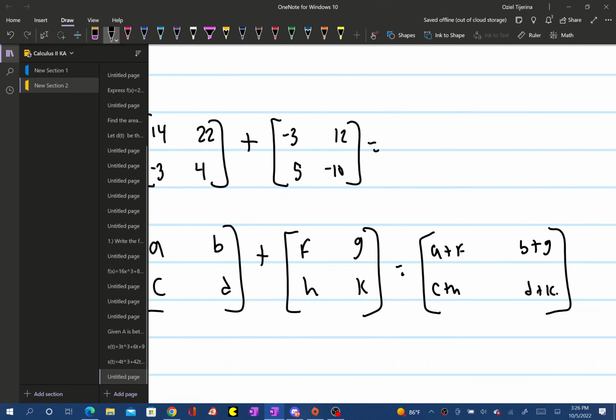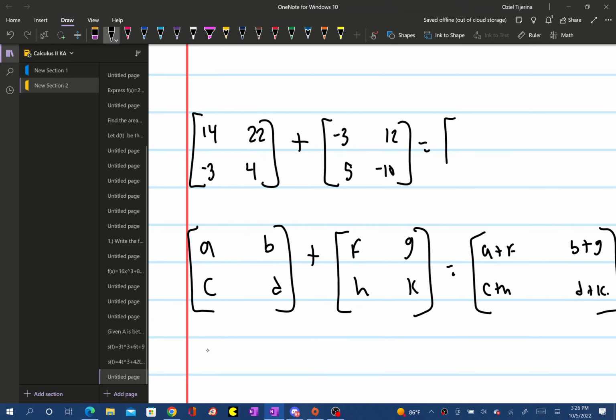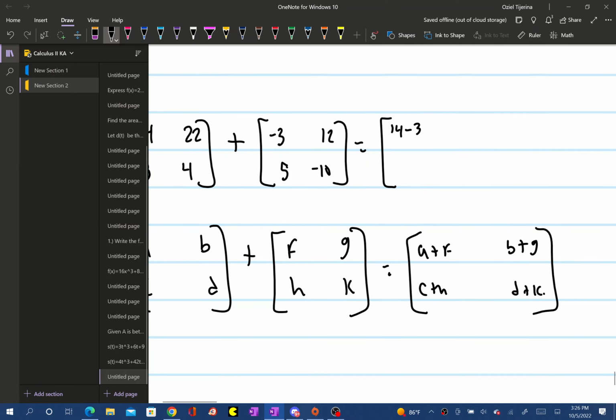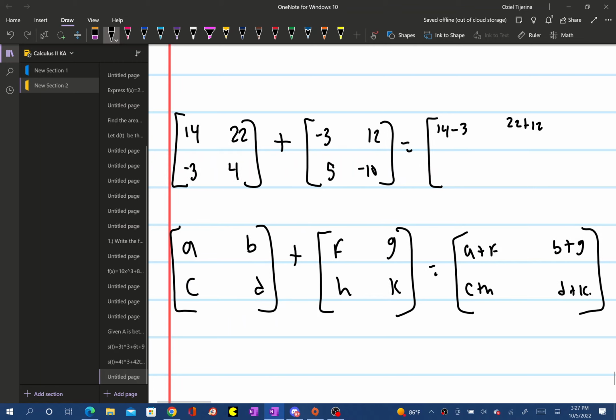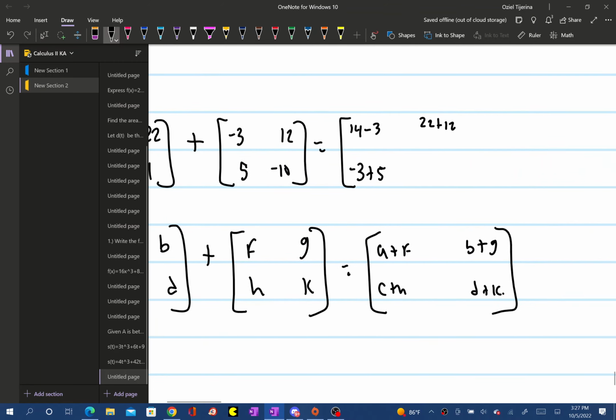So meaning that this is going to be 14 minus 3, 22 plus 12, and then -3 plus 5, and 4 minus 10.